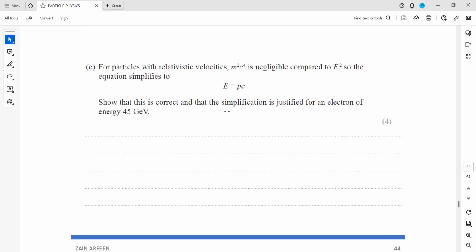For a particle with a relativistic velocity, m square c raised to power 4 is negligible compared to E square. So the equation simplifies to E is equal to PC.